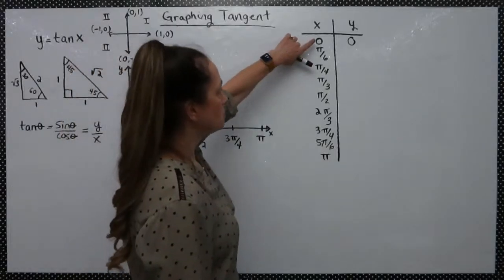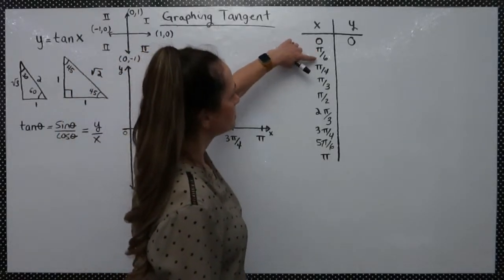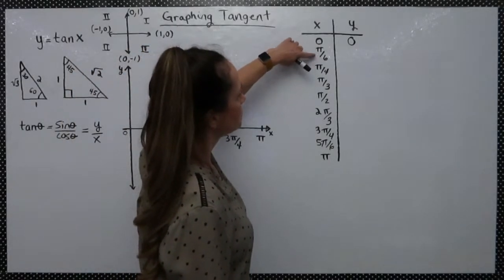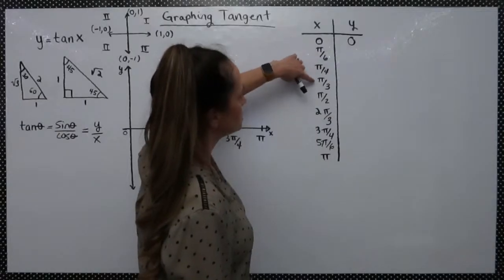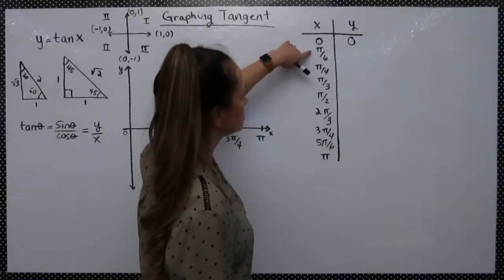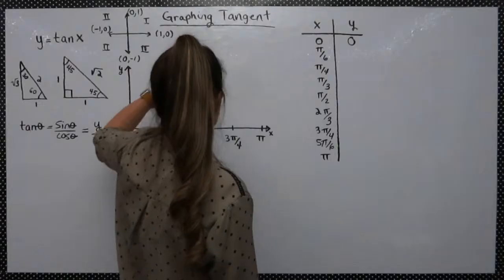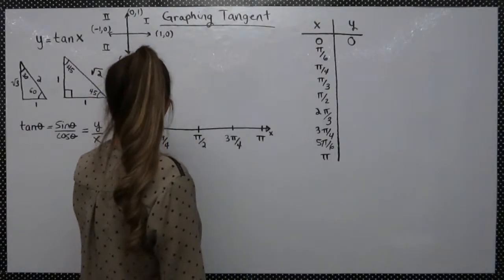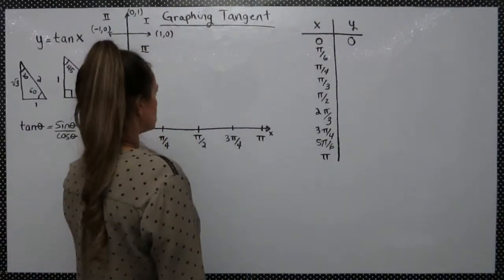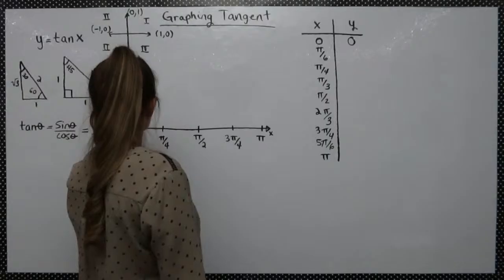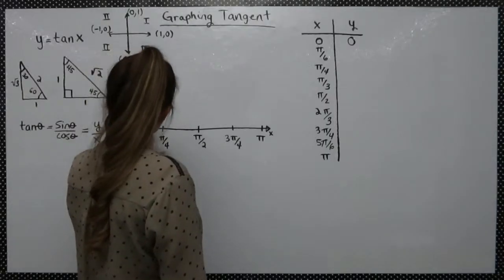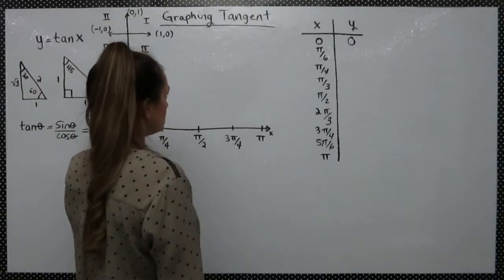Halfway between, well, it's not halfway between, it's a little bit less than half. It's 15 degrees difference between these two values. Okay, but we're still going to go ahead and so we'll put, and we're just guessing pi over 6 is probably in here. And then we got, wait a second.